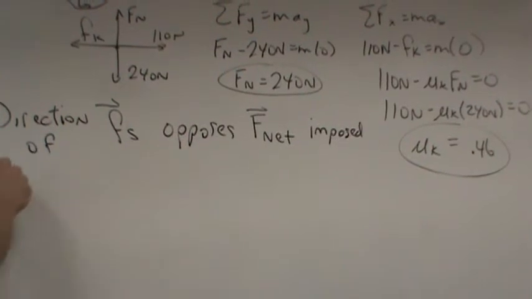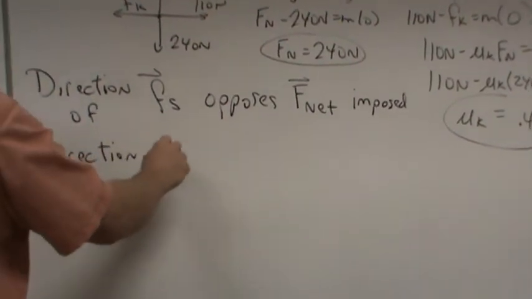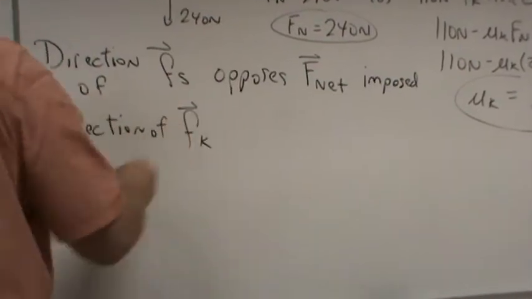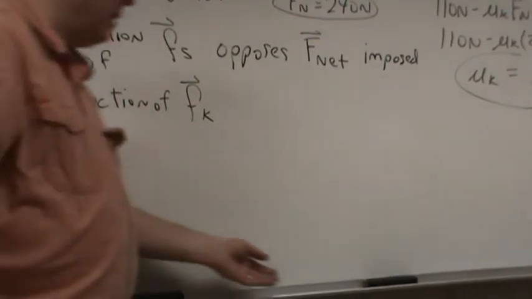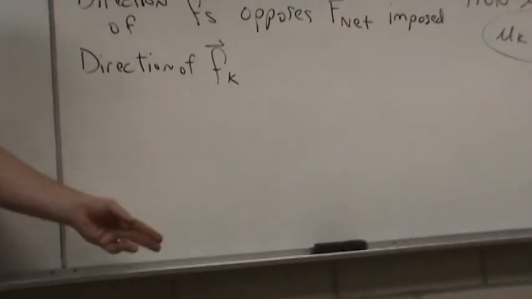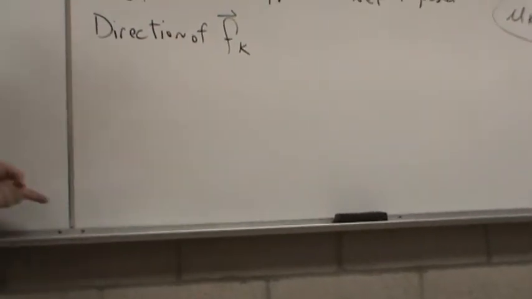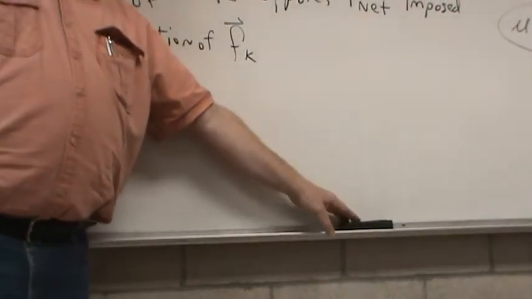But what about the direction of kinetic friction? Consider this eraser. I'm going to slide the eraser. The eraser was sliding that way. What was the direction of the friction force? If the eraser was sliding to your right, what's the direction of the kinetic friction force?